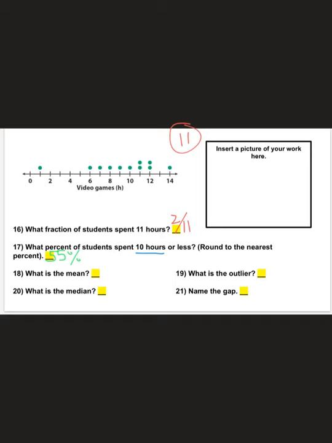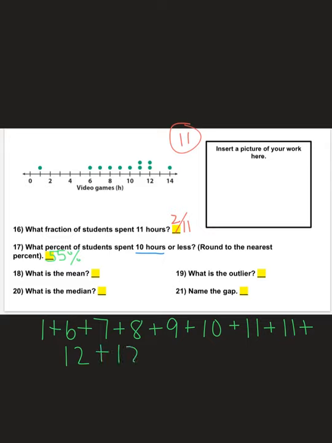Next, number 18 says, what is the mean? Mean, we add up all of our values and divide by how many we have. So to start, we'll add up 1 plus 6 plus 7 plus 8 plus 9 plus 10 plus 11 plus 11 plus 12 plus 12 plus 14. When you do this, it should give you 101.